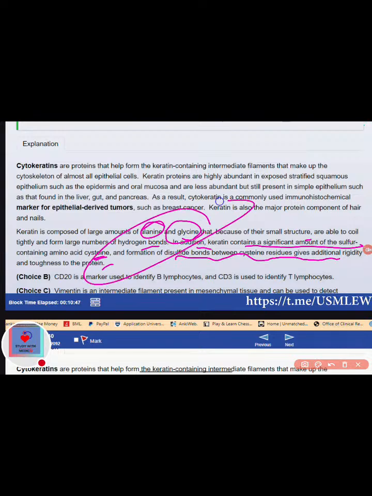This is the structure of keratin, from the biochemistry point of view. So keratin contains alanine and glycine, because of which large numbers of hydrogen bonds are formed, and the sulfur-containing amino acid cysteine helps in formation of disulfide bonds, giving additional rigidity and toughness to keratin.